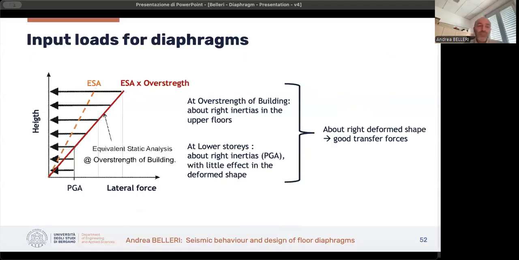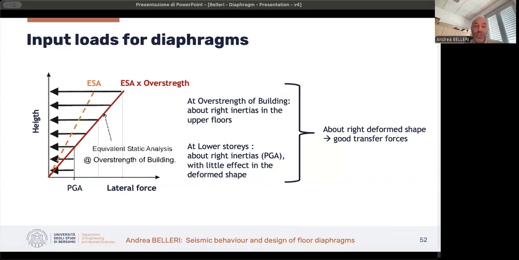So basically, this methodology will consider an overstrength factor associated with the equivalent static analysis, and this will provide the right inertia in the upper floors. Then in the lower floors, there will be a cutoff limit associated with the PGA.